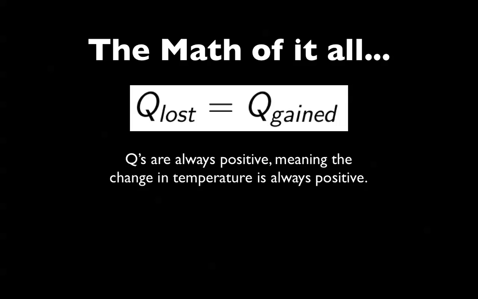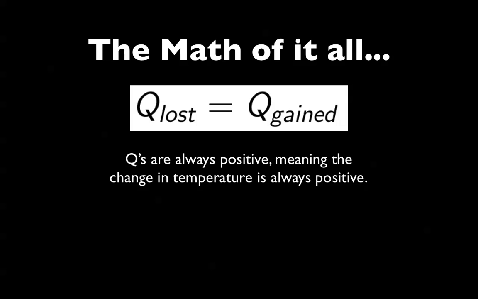For objects that are losing heat, it's the opposite. The change in temperature should always be initial minus final. Okay, if you need to really think that out and write it down in your notes, I would.